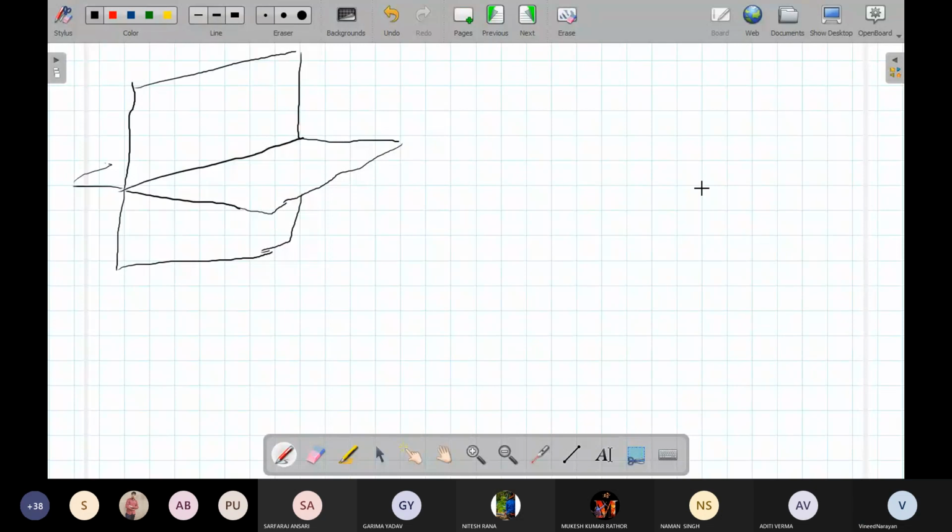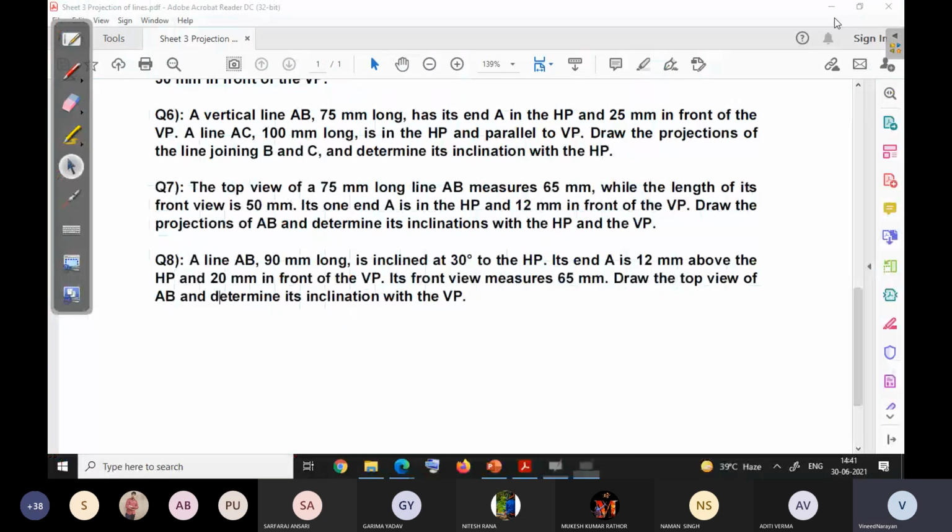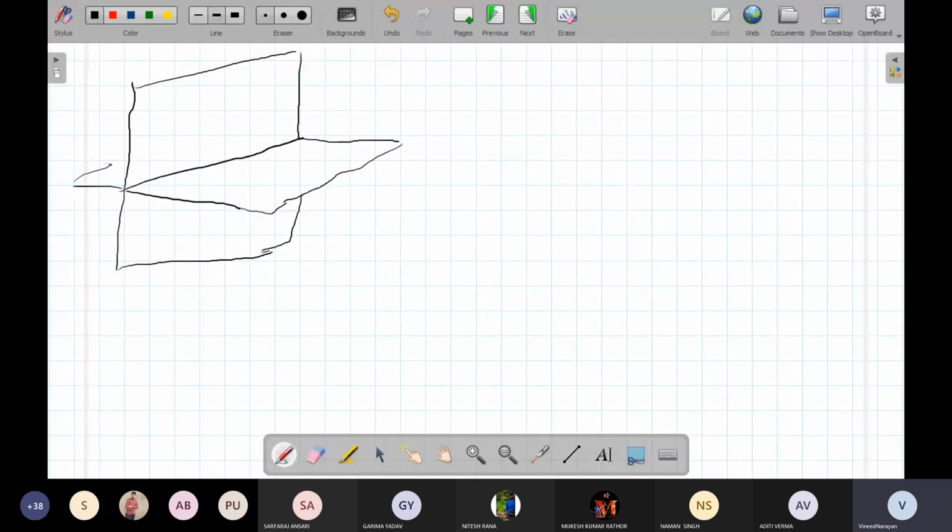The length of line AB is given. First we will fix the point A, which is 12 mm above the HP and 20 mm in front of VP. That is 12 mm above HP and 20 mm in front of VP. So this is my first point. I will give it the name A.